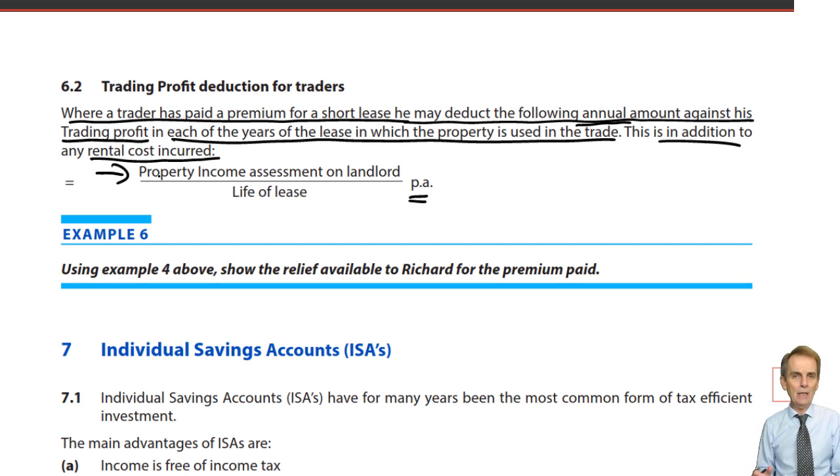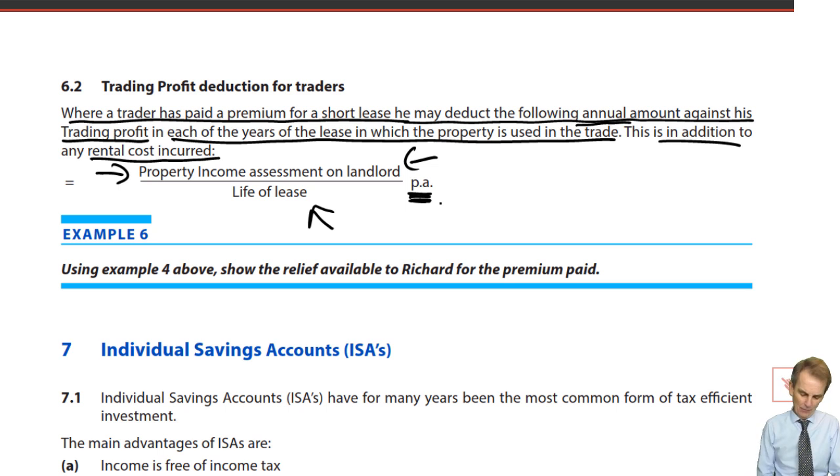So even if you are dealing with the lessee in an exam question, you still need to know how to deal with the lessor, because you need to be able to work out the property income assessment on the landlord as we have just seen. That is then spread over the number of years of the lease, the life of that lease, and that gives you an annual figure.